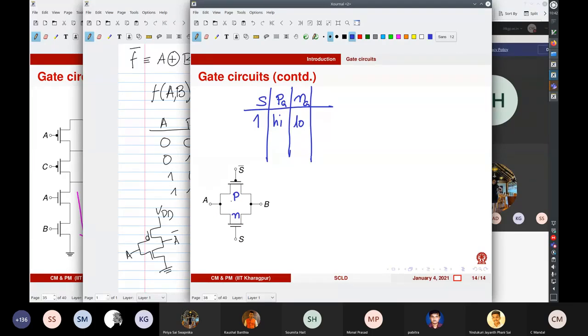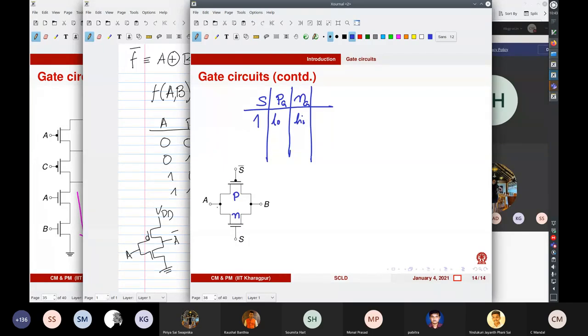Have I done it wrong? Yes, that is true. Let me just correct it. When S is high, this is low and this is high.